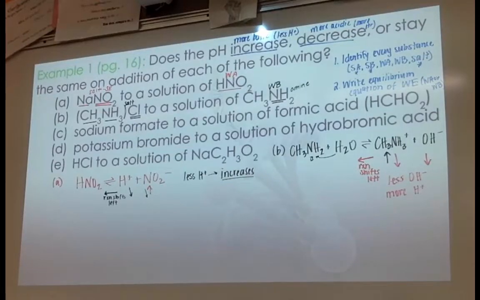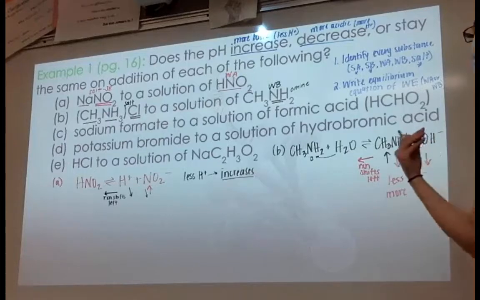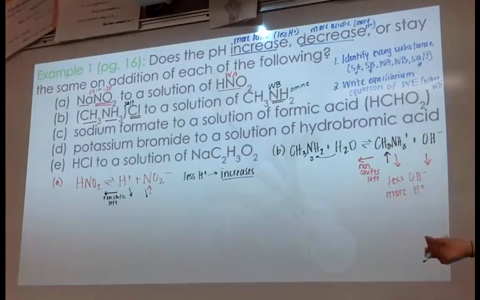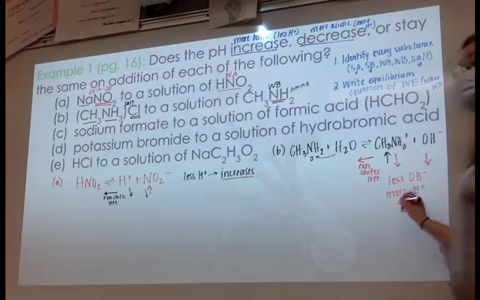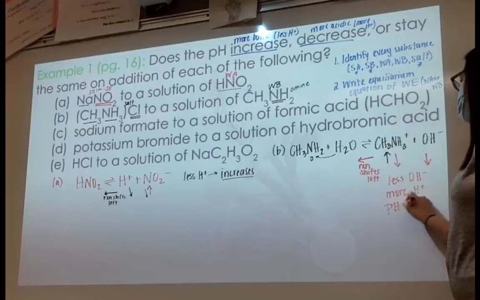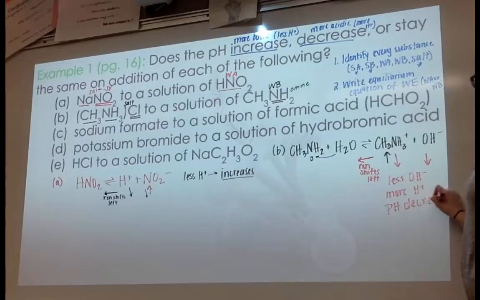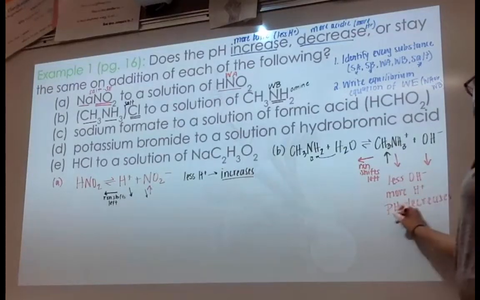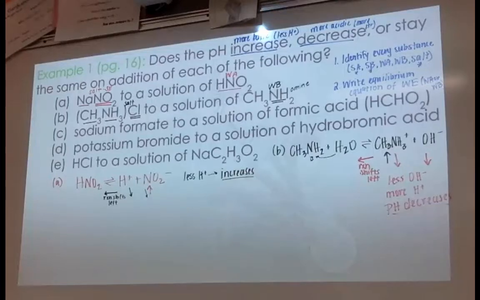H plus tells you how acidic it is. OH minus tells you how basic it is. So more H plus means more acidic. So our pH decreases. You can also think about it like we did in the demo yesterday. Less OH minus means less basic.